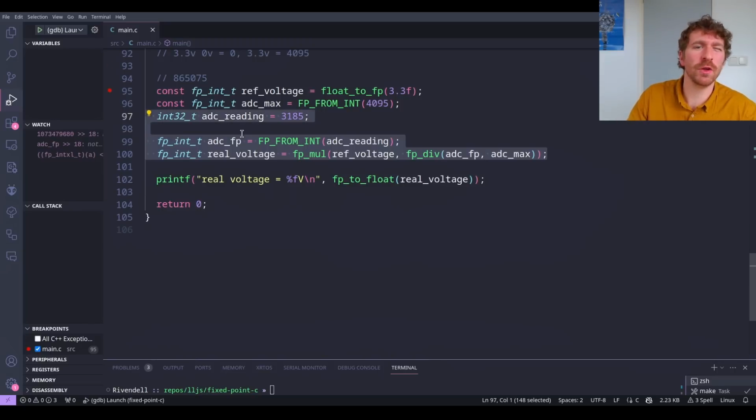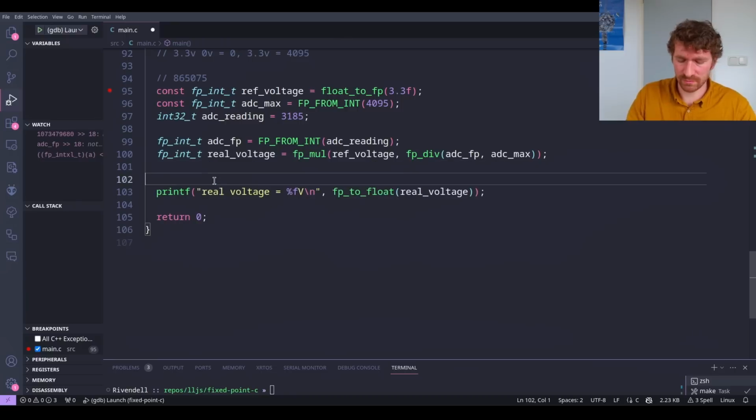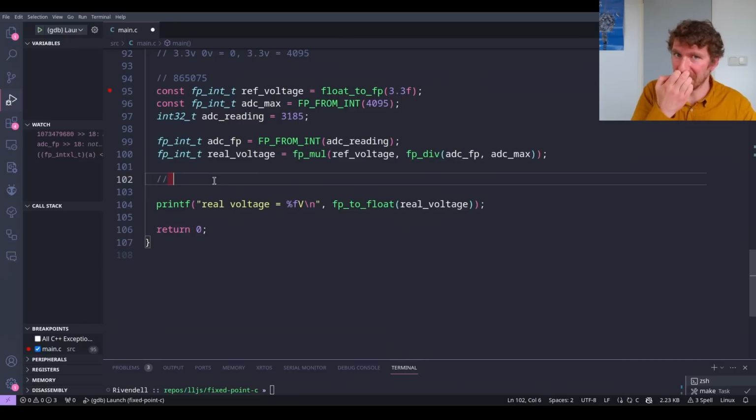Then if we were doing a filter or something like that, I'm not going to go into the details here, but a low pass filter is something that looks like this. You take your new value and you take some proportion of that value, say 0.98, and you add your old value multiplied by 1 minus 0.98, so 0.02.